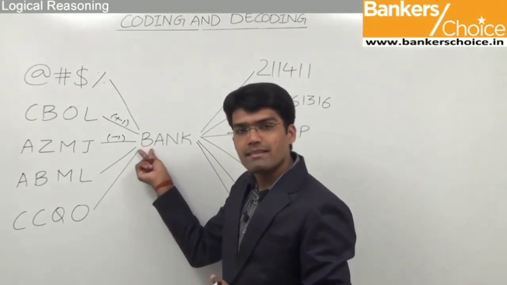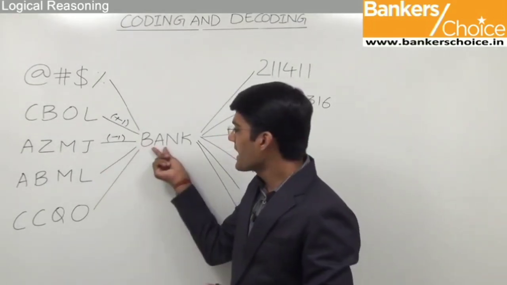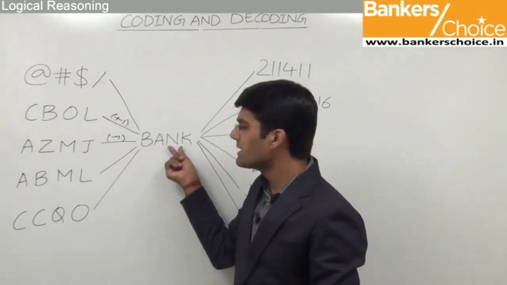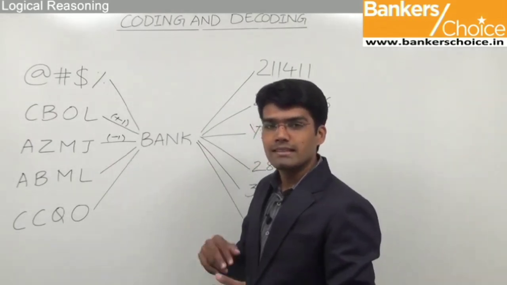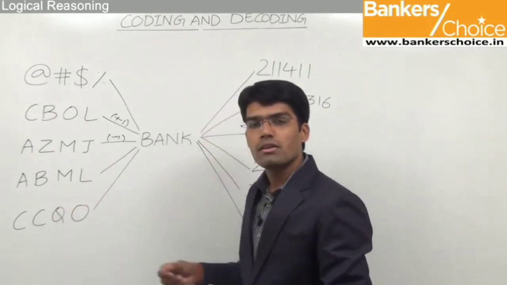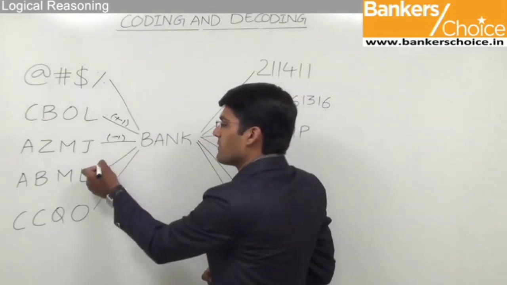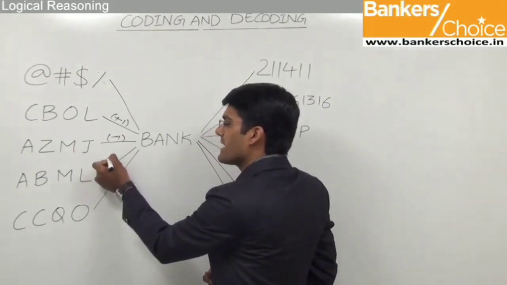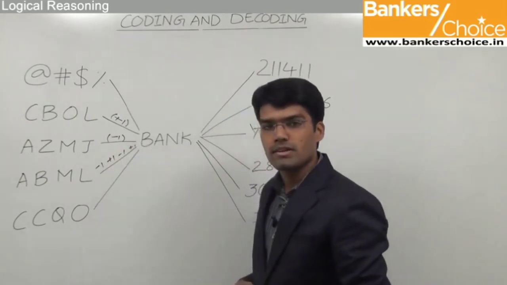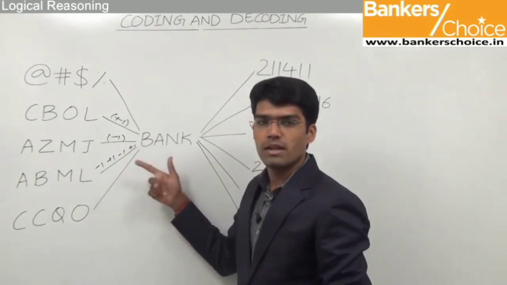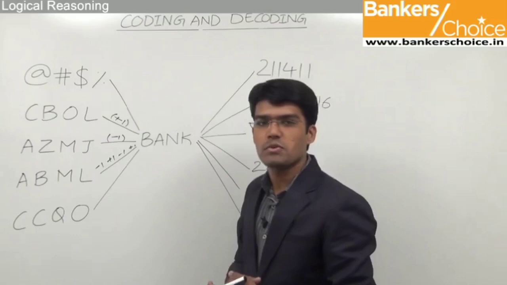That means the first letter is shifted in backward direction, second in the forward direction, third in the backward direction, and again fourth in the forward direction. So we can say that this type of coding is in the alternate shifting form. So first letter is taken in backward, second one in forward, third one in backward, and fourth one again in the forward direction. So we can take it as -1, +1, -1, +1, and so on.